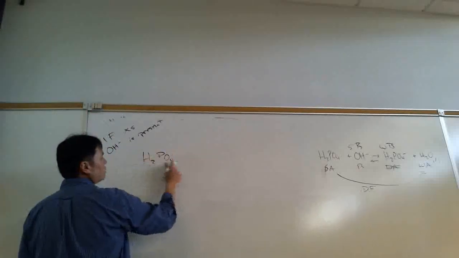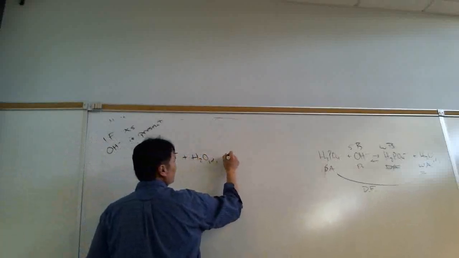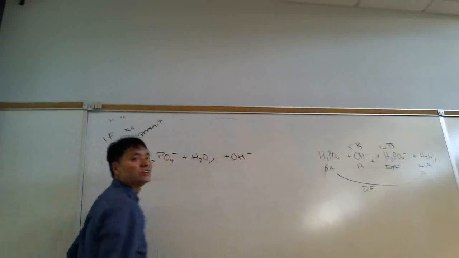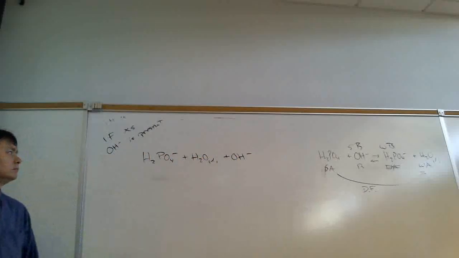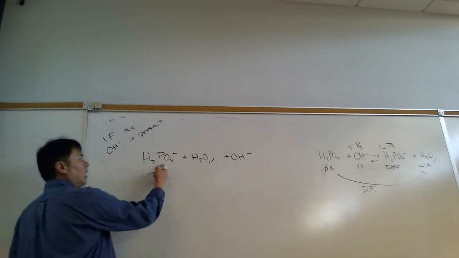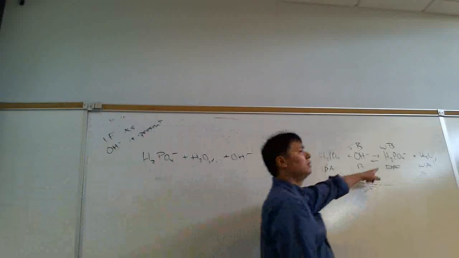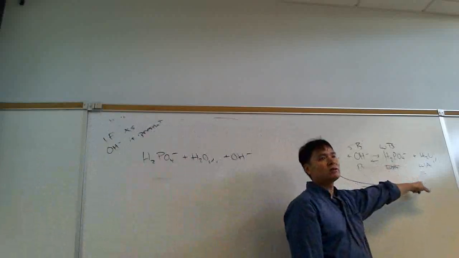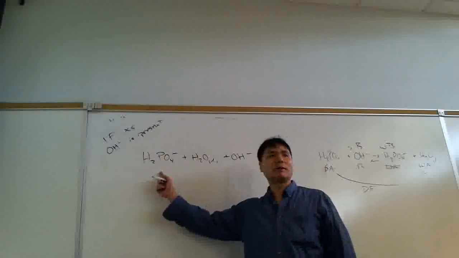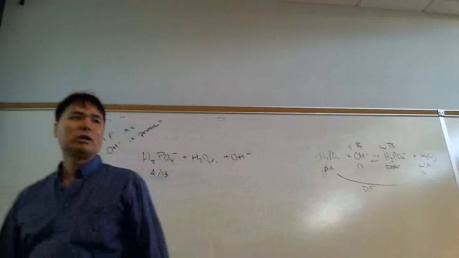We have dihydrogen phosphate, we have water, and we'll have excess, additional hydroxide. Can further reaction take place? So we look, dihydrogen phosphate, is that an acid or a base? Well, we just labeled it the base. But when we start over, do we know if it's the acid or the base? We don't know because it depends on what you reacted with.